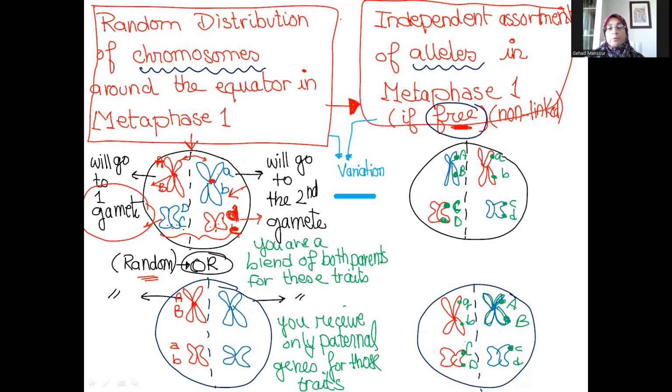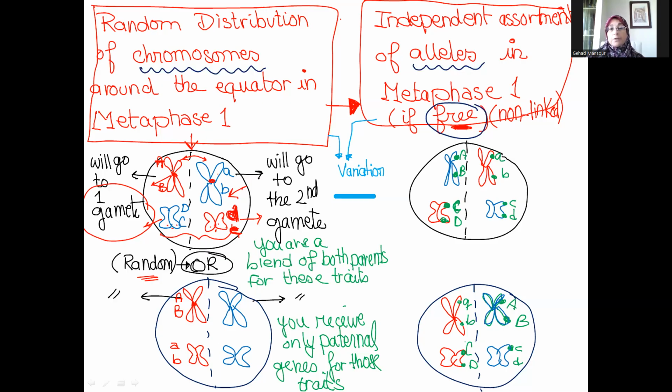In random distribution of chromosomes, this simply means that if we consider that the red chromosomes are the maternal ones and the blue chromosomes are the paternal ones, then we have two possible arrangements.